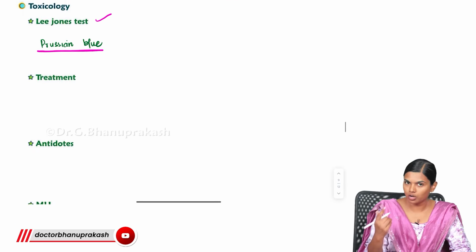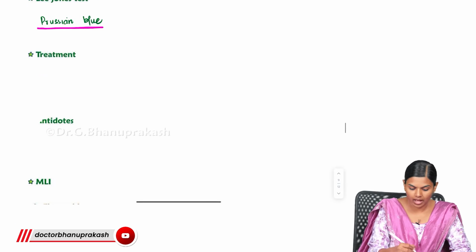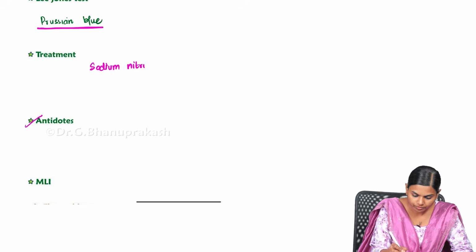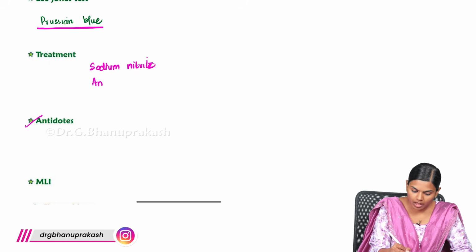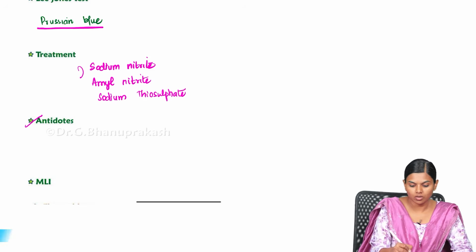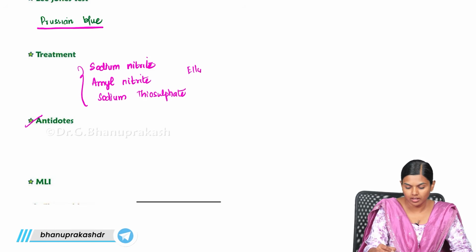And what is the main mode of treatment? That is, you have an antidote. So, what is the antidote for cyanide? You have sodium nitrite, amyl nitrite, and sodium thiosulfate. This is known as the Eli Lilly antidote.